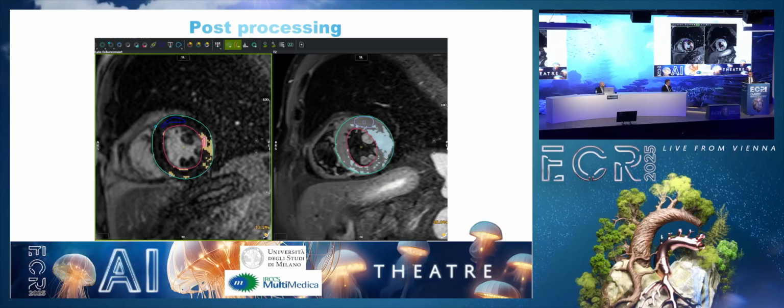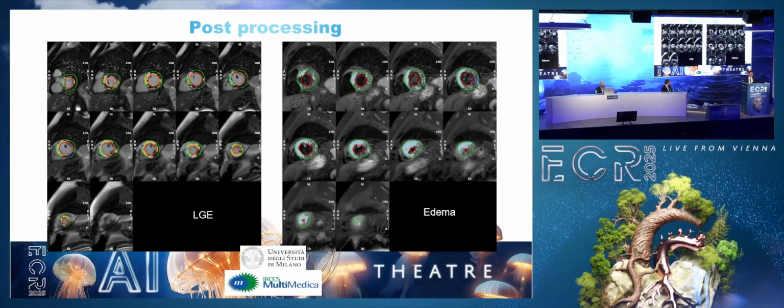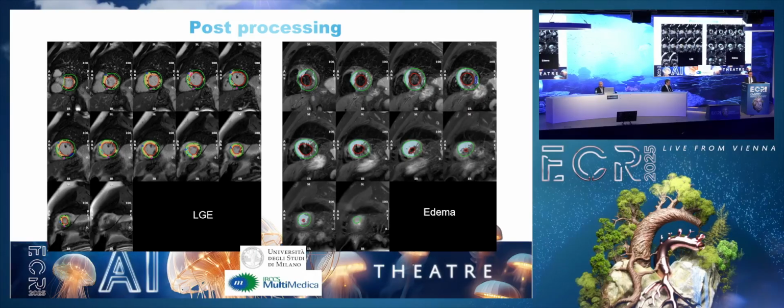Then the software can measure the amount of the scar here and the amount of the edema here. Of course, we perform this for each slice from the base to the apex of the ventricle, so we can have an idea of the entire amount of fibrosis, edema and microvascular obstruction in patients in the acute phase after infarct.